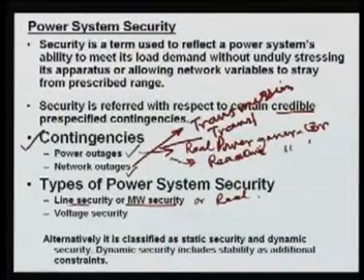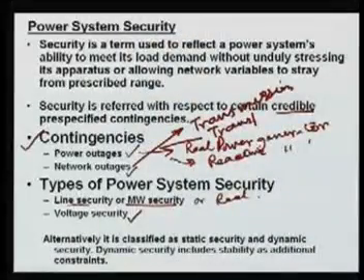If there is some violation in the loading of the transformers or the transmission lines, then it is related to line security. If we are only talking about the voltage of the power system and monitoring its operating limits, then it is called voltage security.